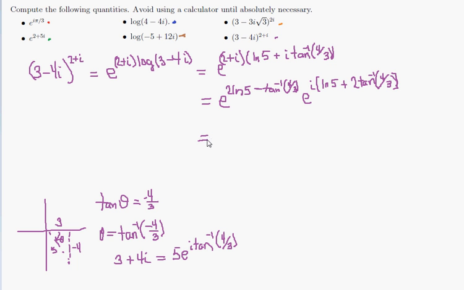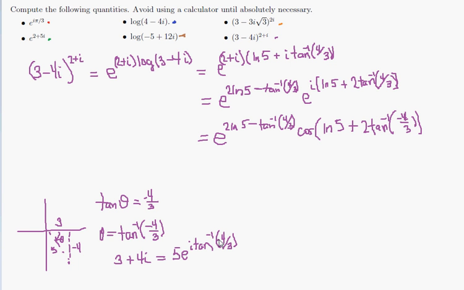And so this will be equal to e to the 2 natural log 5 minus the arctangent of negative 4/3 times the cosine of natural log 5 plus 2 times the arctangent of negative 4/3. And I realize that I have not been writing minus 4/3, so let me fix that.